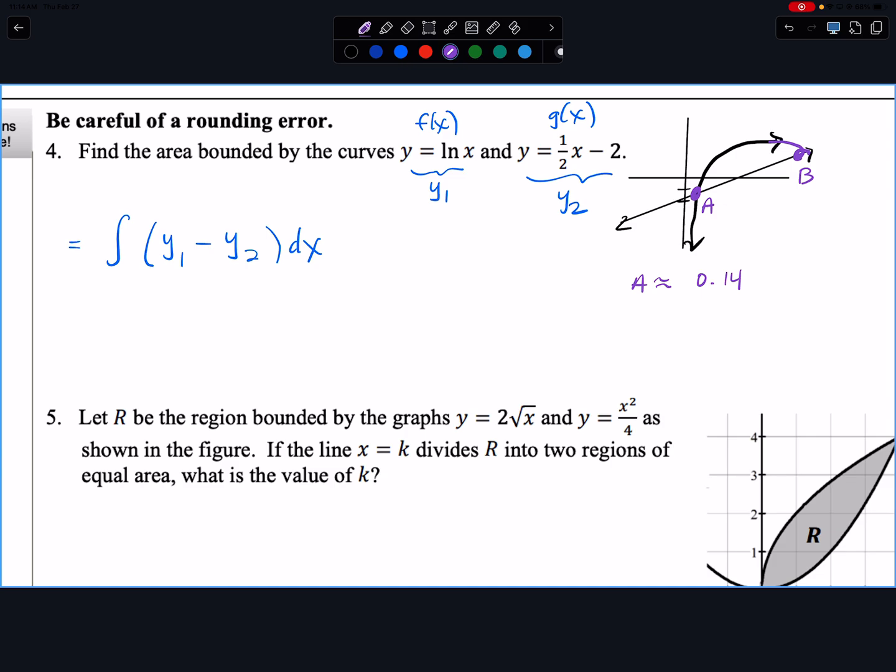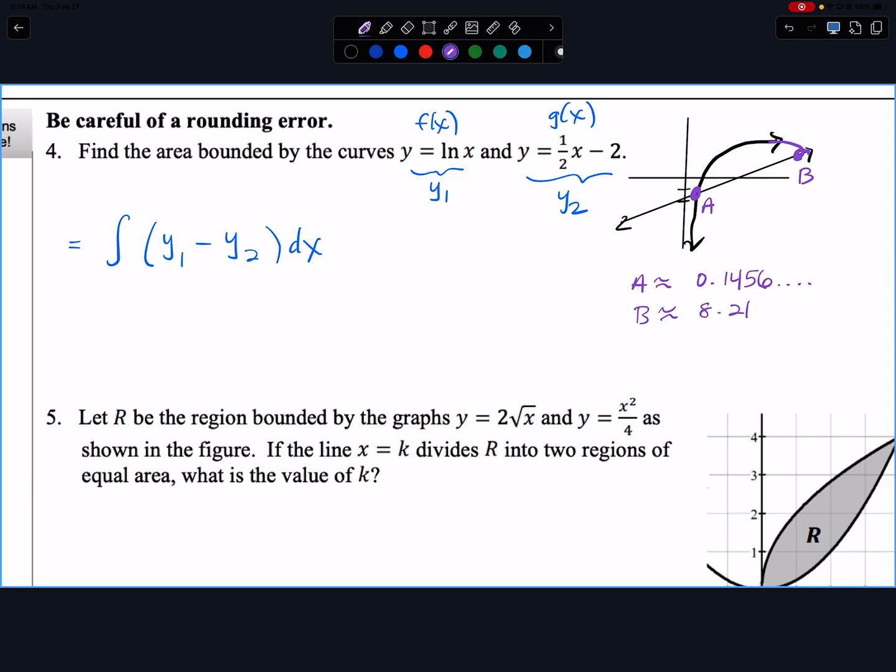I don't have it on my screen, guys. Can you get it somewhere? 5.6. Kept going, right? Is it 5.6? Is that right? Okay. And then B was 8.21 what?